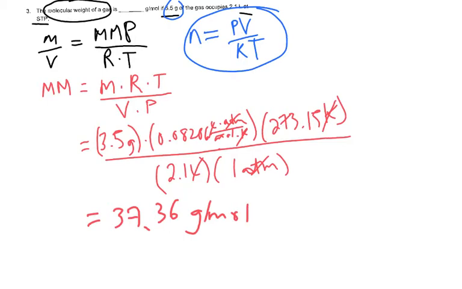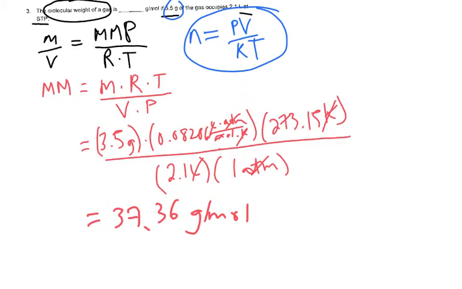And I'm going to look on the periodic table and see if I can identify the element that corresponds to this molar mass. I looked on the periodic table, and I didn't see anything at about 37 that could be a gas.